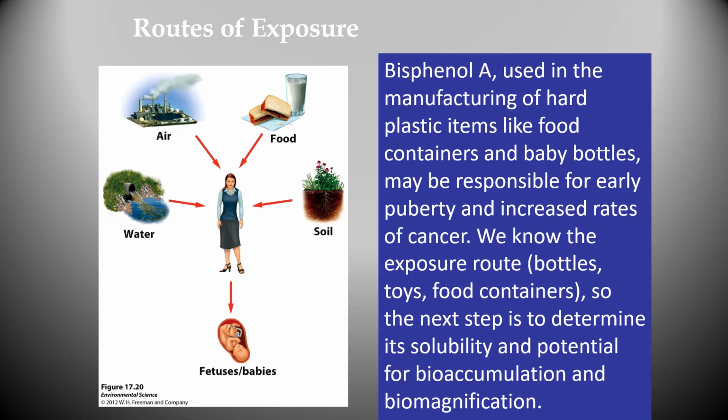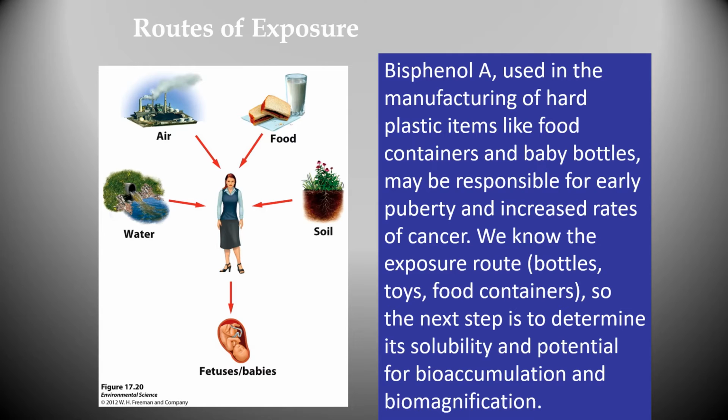This figure shows those routes again: the air, the food, the water, and add to it soil. Babies and fetuses can get exposed through the mom. It also shows how an individual might come into contact with a chemical, specifically bisphenol A. Bisphenol A is used in the manufacturing of hard plastic items like food containers and baby bottles, and it may be responsible for early puberty and increased rates of cancer.